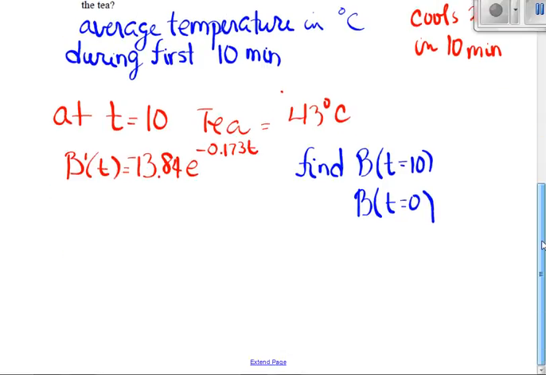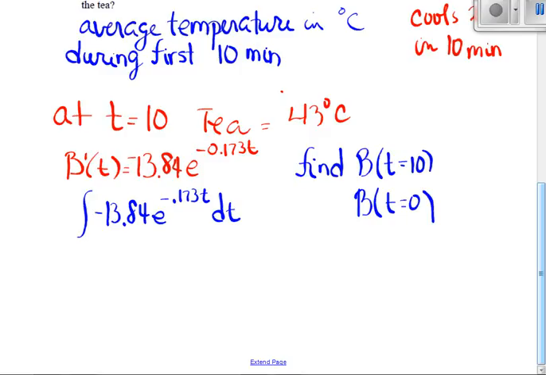So I'm going to integrate negative 13.84 e to the negative 0.173 t dt. Make sure you don't put extra zeros in there. And where am I going to integrate it from? From something I know to something I want to find.